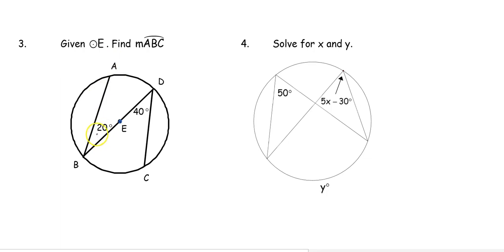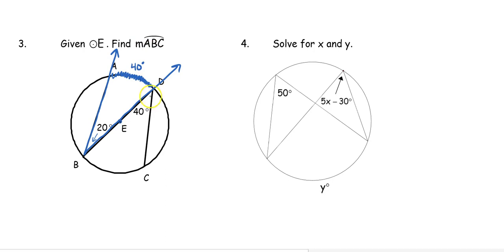I see that this angle right here is 20. I follow those rays up to find that intercepted arc. So when I draw that ray and that ray, here's my intercepted arc. Remember, the arc is bigger than the angle, so I'm going to double the 20 to get to 40.